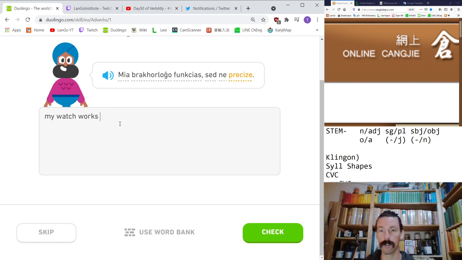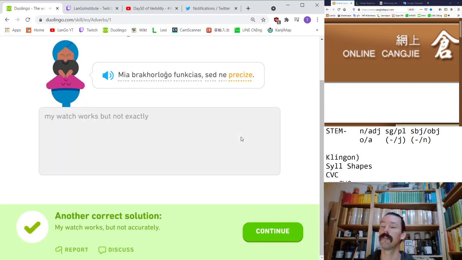Funkcias, I'm going to say works. Sed, the Latin for but. Ne precize, and the adverb ending e here, but not exactly. So also this ne particle and the ending e are taken directly from Latin. Precise. Sound is probably closer to the French model. Maybe Polish borrowed it this way too.